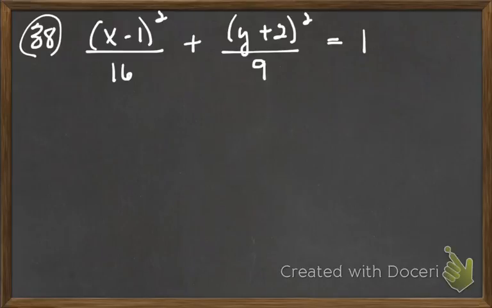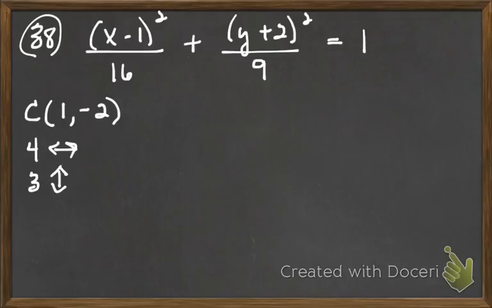So what's the center of this ellipse? +1, -2. We're always changing the signs of the numbers when we pull them out of the parentheses. That's true for all 4 conic sections. We're going to move 4 units in what direction? Left and right. And we're going to move 3 units up and down. And then we're going to sketch out our ellipse.